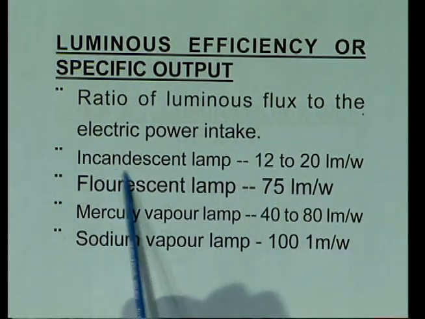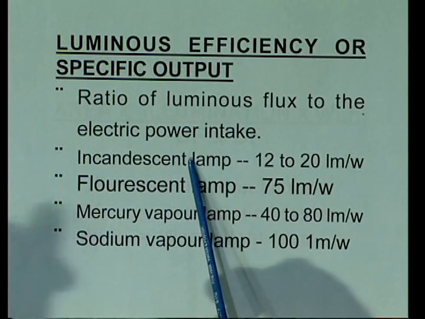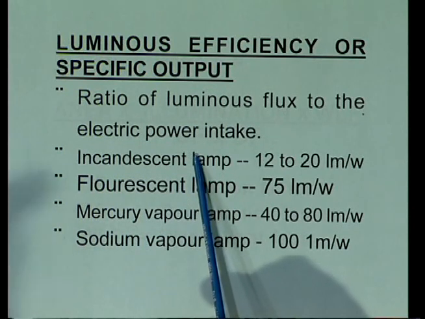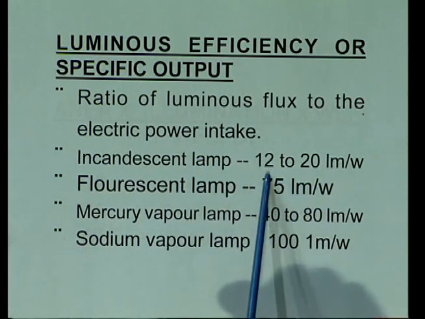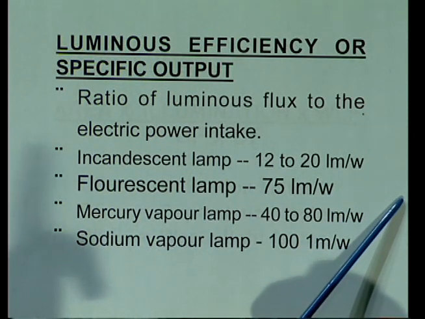For an incandescent lamp, the ordinary bulb which we see in our colleges or houses, it gives 12 to 20 lumens per watt. That means each watt gives a luminous flux of 12 to 20 lumens. If we purchase a 40 watt lamp, 40 into 20, that is about 800 lumens on the working plane.